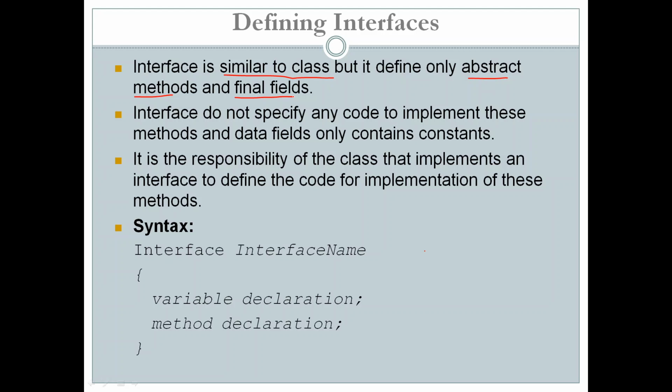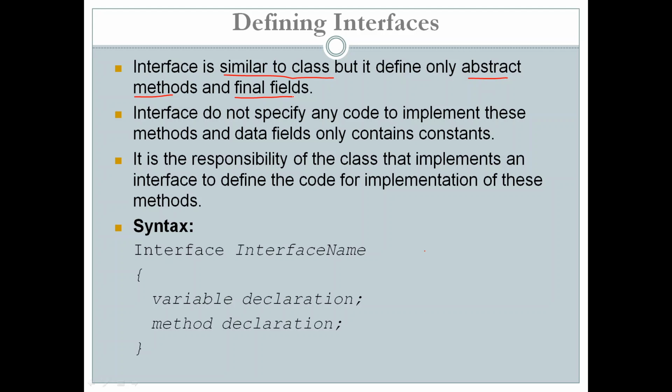We have studied about abstract methods in the previous session. So an abstract method is a method without body or method without implementation. So interfaces only include abstract methods, means the methods which do not have a body. Such methods are part of interfaces. Whereas for variables, interface contains only final variables, that means the constants.